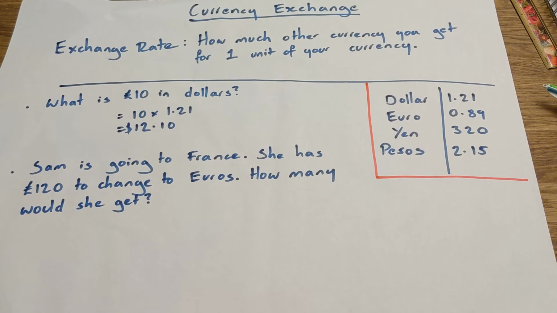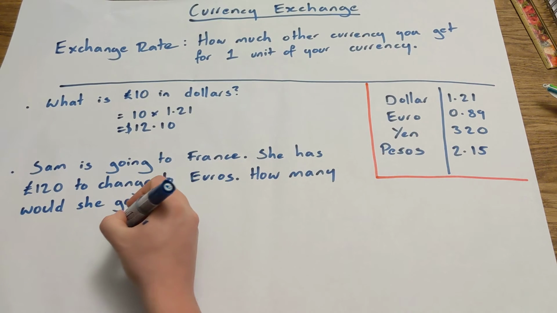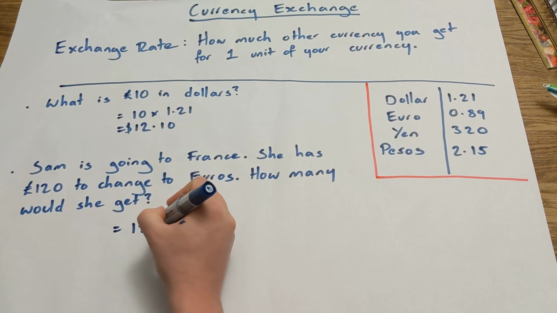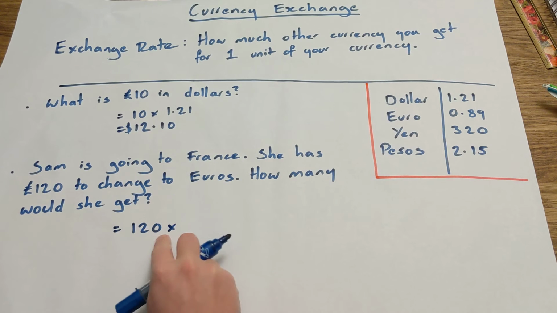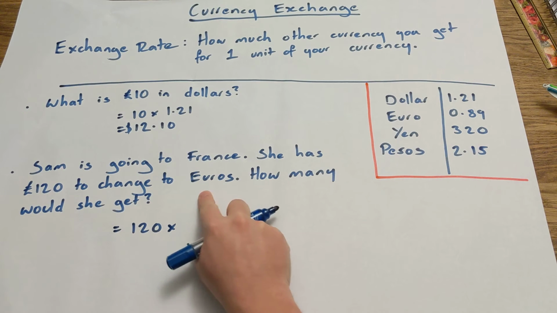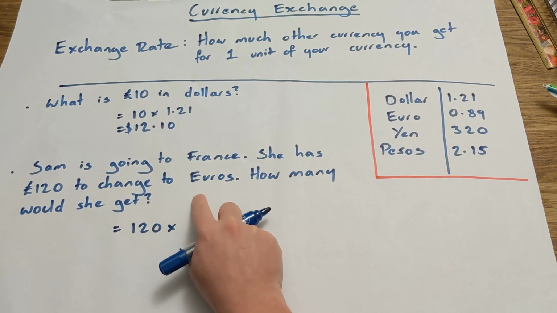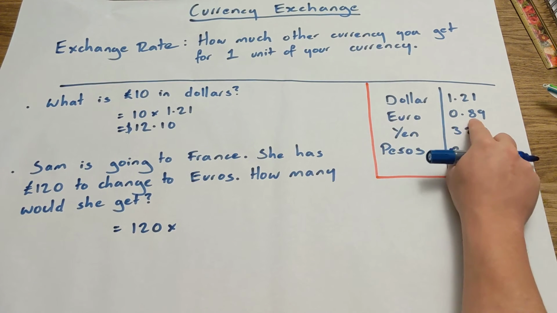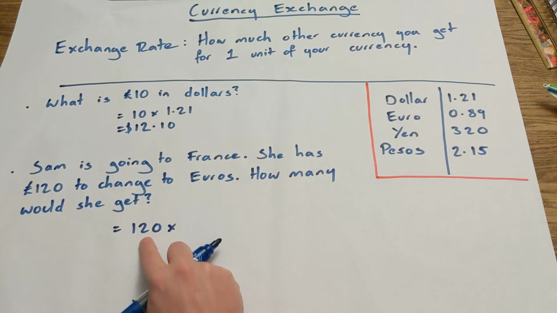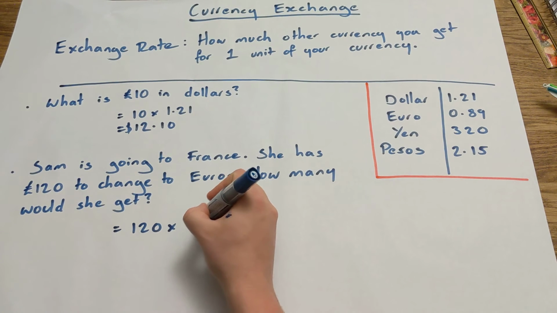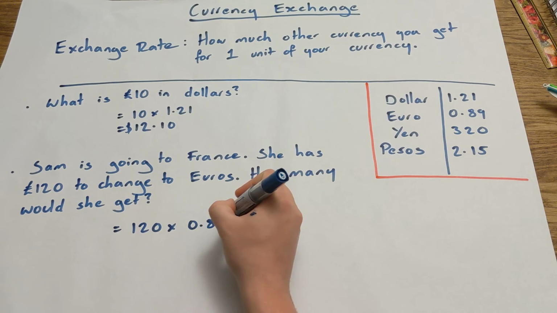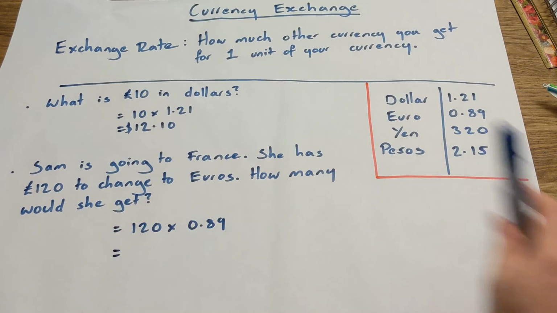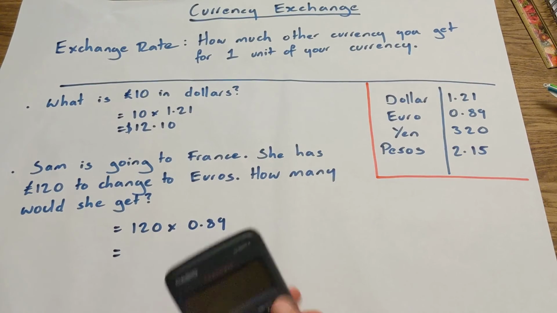Okay, so what you do is you take that 120 and you times that by the exchange rate. So she's wanting it changed into euros, so the exchange rate for euros is 0.89. So what we do is we do the 120 times by 0.89. Okay, I'm definitely going to need my calculator for this one.